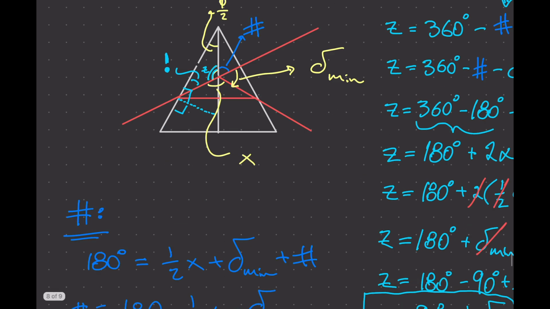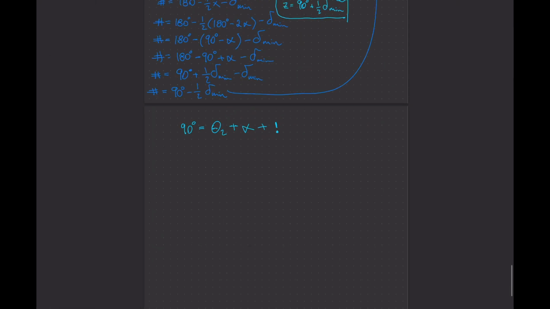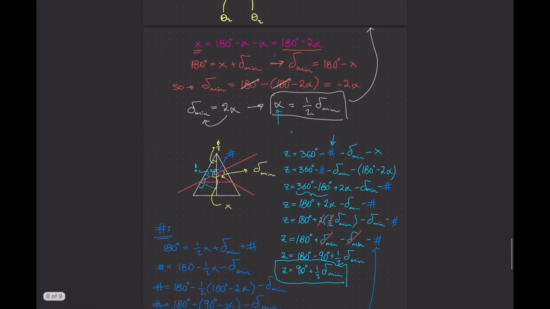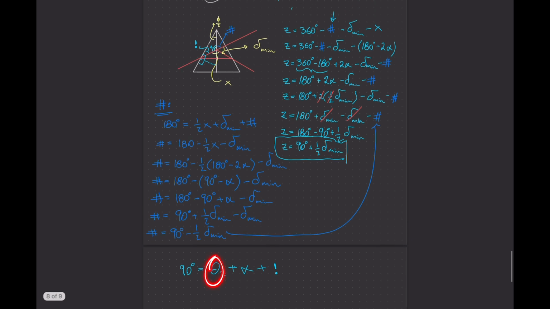No better symbol than the exclamation point, and I wrote an I over here by accident. So we got three angles, they combine to give us 90 degrees. One of the angles we just spent a long time finding. Actually, no, we haven't even found exclamation point yet, but we know we could use Z to find exclamation point. So that's what I'm about to do right now.